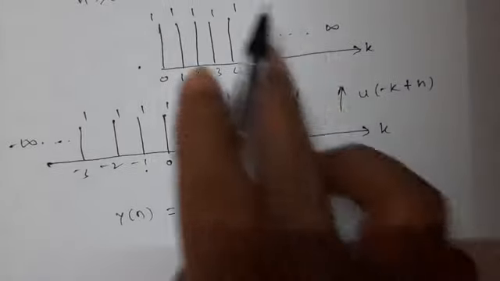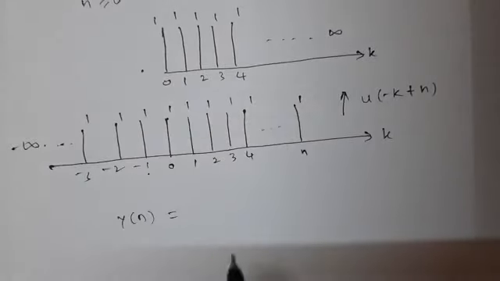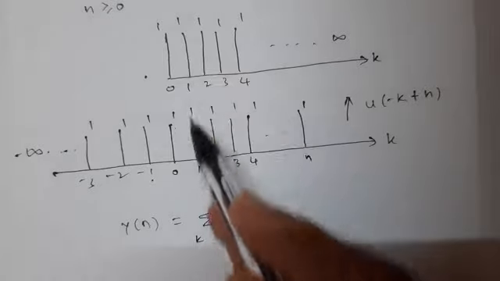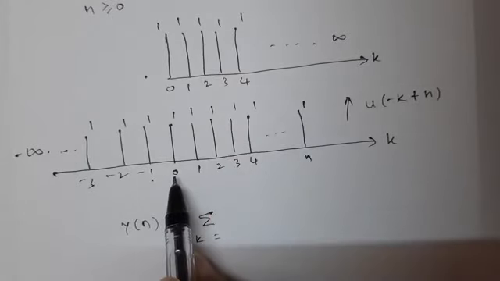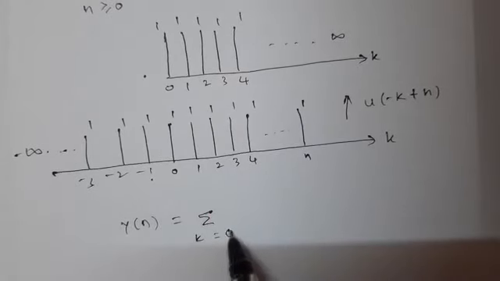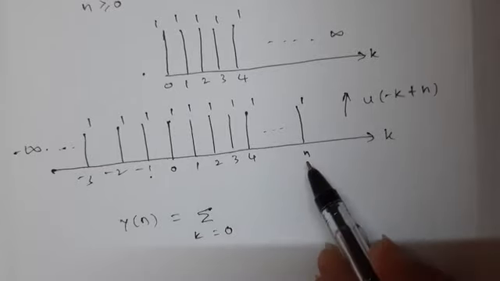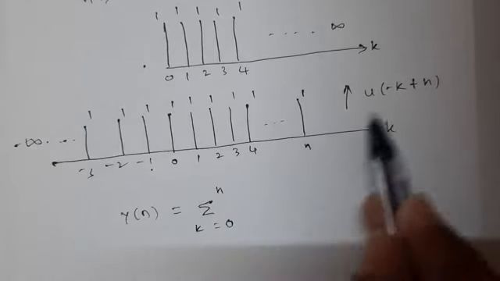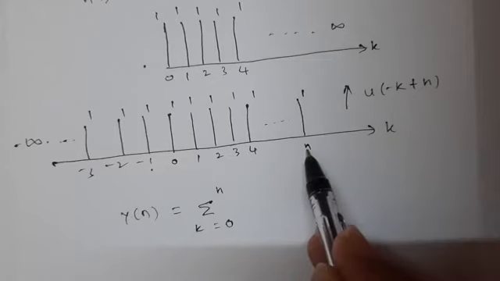So we try to generalize with some equations. What is that equation again? Y of n is summation k equal to, where the signals start getting overlapped, at 0. So it is 0. And where do they stop? They stop at n, because you are telling that u of minus k is shifted by some value of n. N, for example, 10.